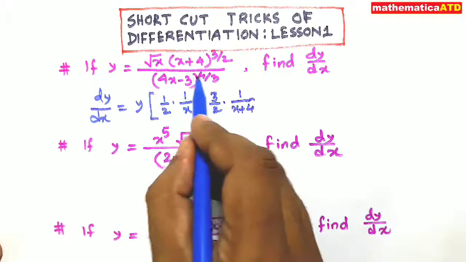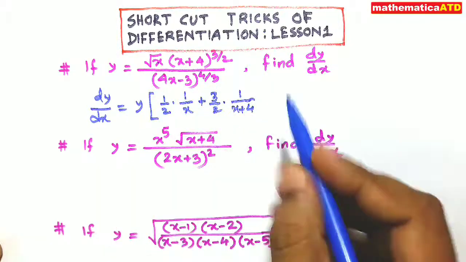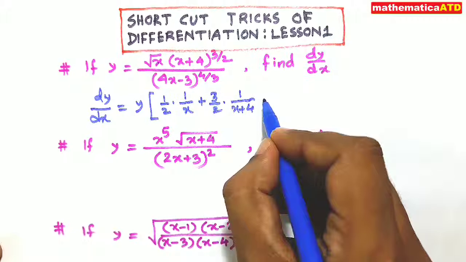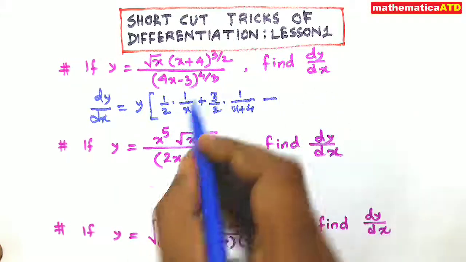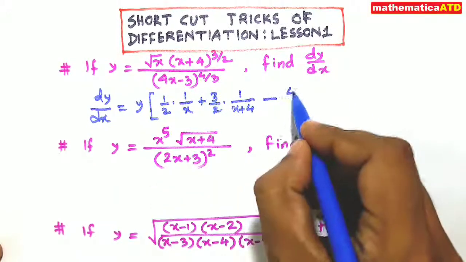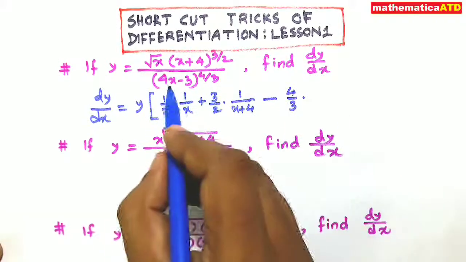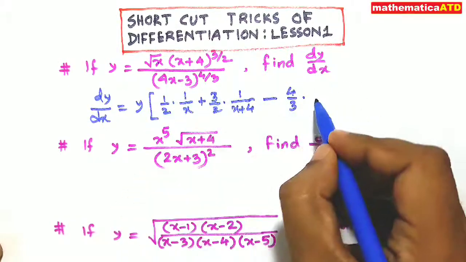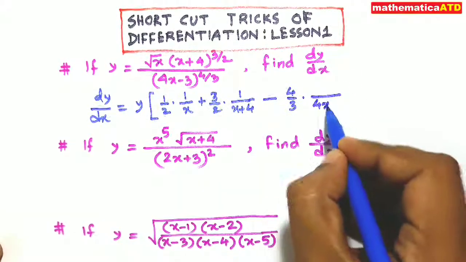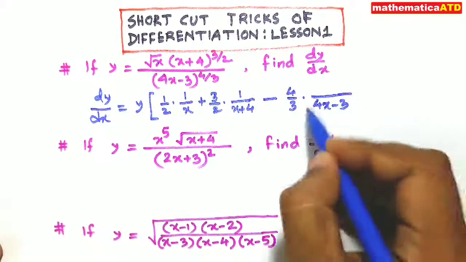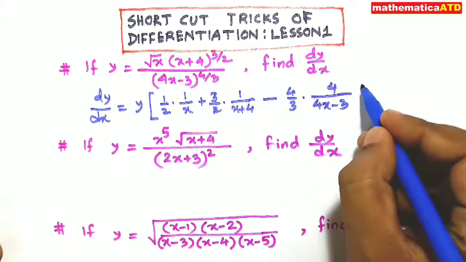And next, this is in the denominator, and the denominator part will be separated by a negative sign, so put a negative sign here, and the power is 4/3, put 4/3 into 4x minus 3. It will be written in the denominator, 4x minus 3, and the derivative of 4x minus 3 is 4, so put 4 here.